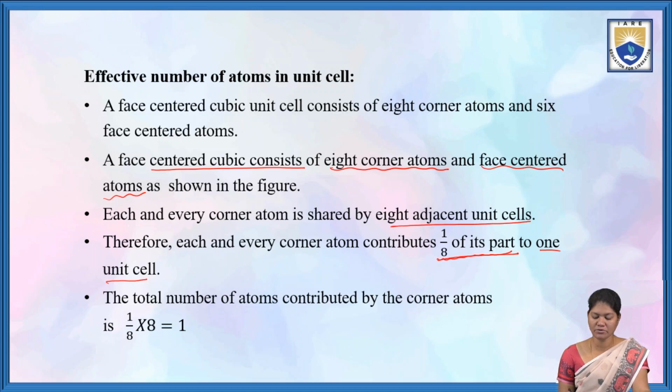So the total number of atoms contributed by corner atoms is 1/8 part into 8 corners, so that we'll get one atom. So 8 corners, and each corner has 1/8 share of an atom. So 1/8 into 8 is equal to 1 atom.